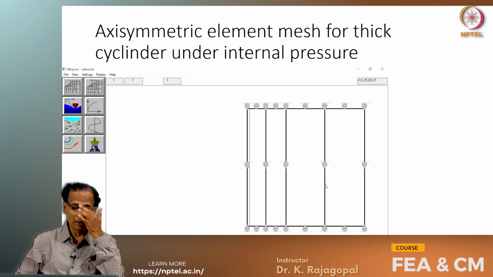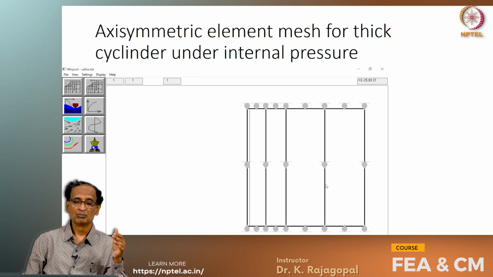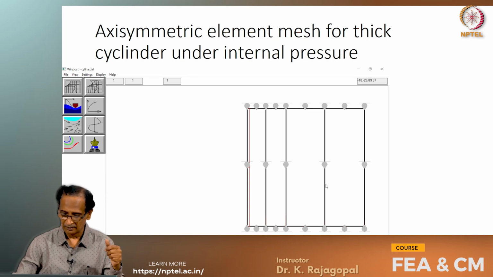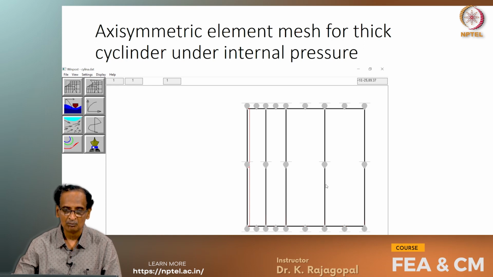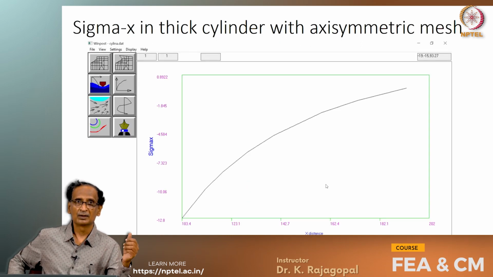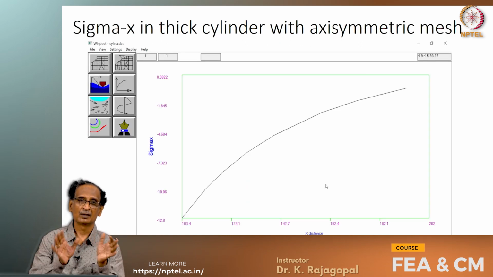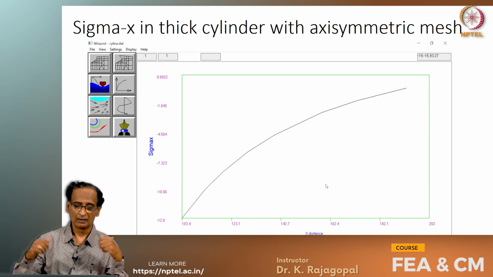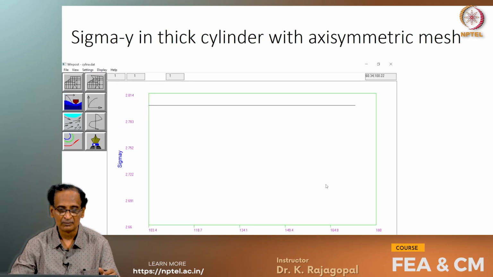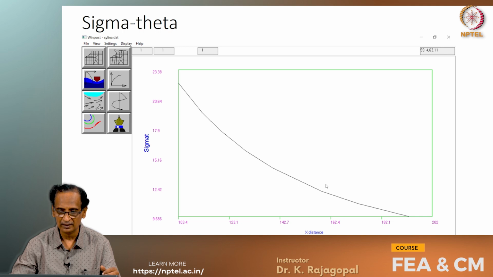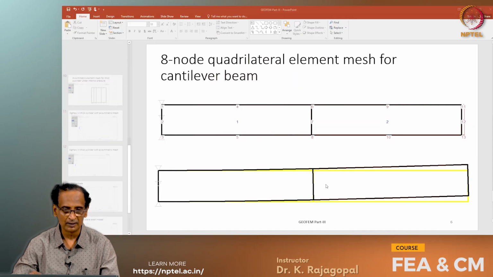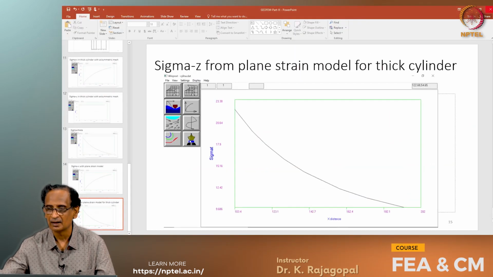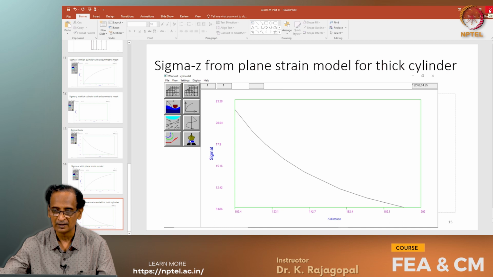That means that whatever we have done is accurate, and then we can compare these with theoretical results. In most of the elasticity textbooks, we have the solutions for a thick cylinder subjected to internal pressure. I am not doing that here, but I will give it as a handout. You can refer to the handouts that are uploaded on the website.